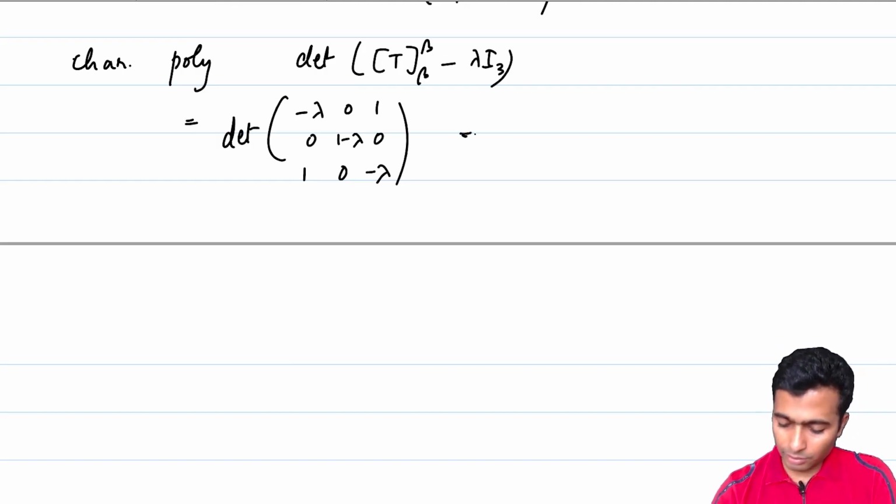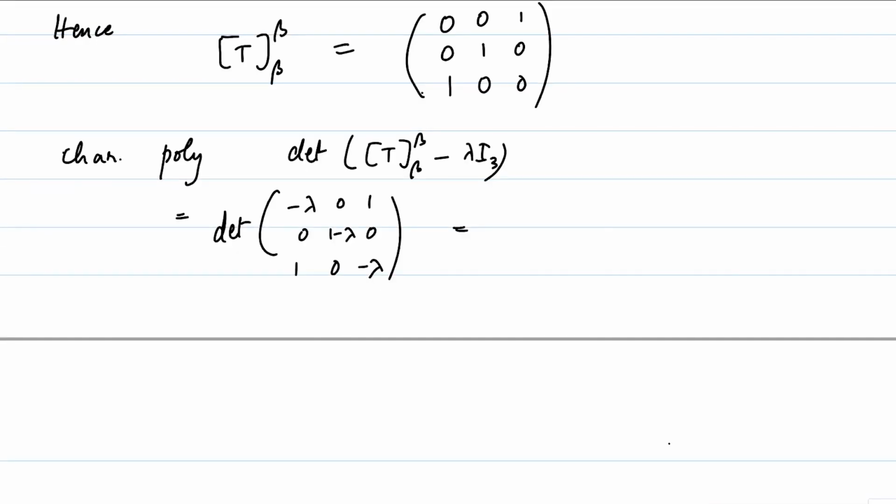The determinant of this matrix is quite straightforward. This is equal to minus lambda into minus lambda, which is lambda square, times 1 minus lambda, plus 1 times minus of 1 minus lambda. So minus of 1 minus lambda. This is basically lambda square minus 1 into 1 minus lambda. So if you look at the roots of the characteristic polynomial, we get the eigenvalues.